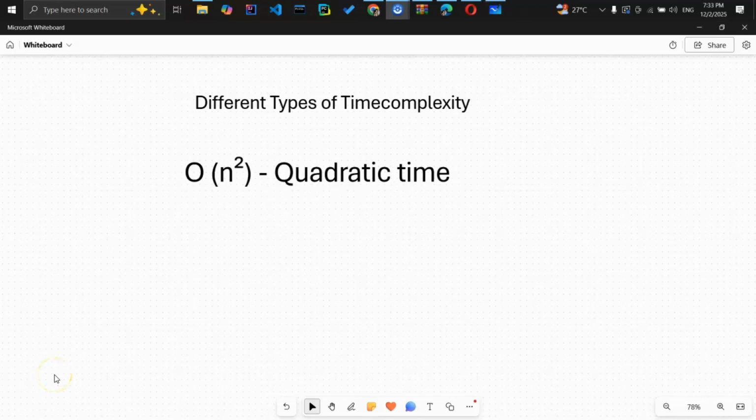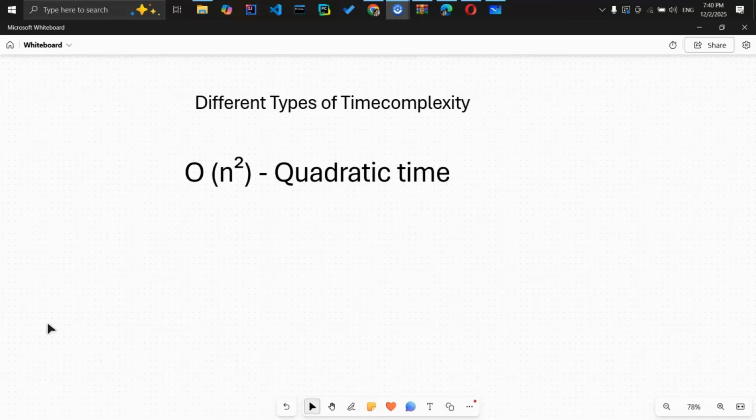The next one is quadratic time. We can represent it as this. This happens when you have nested loops. Quadratic means for every element you loop through all elements again. It grows fast. If n is equal to 10, we get 100 steps.